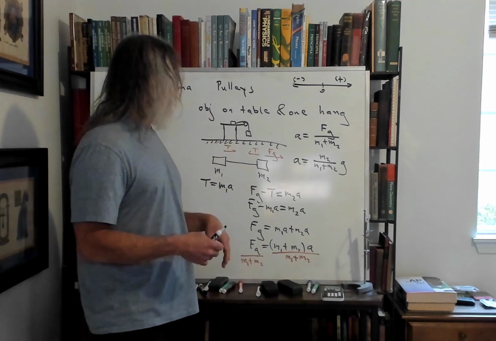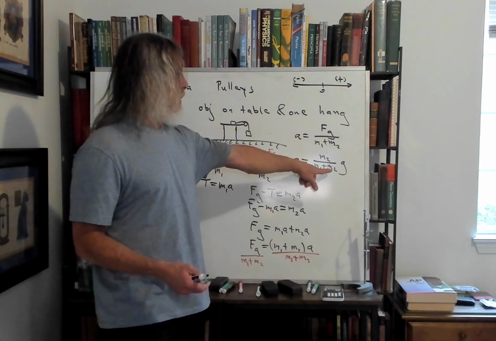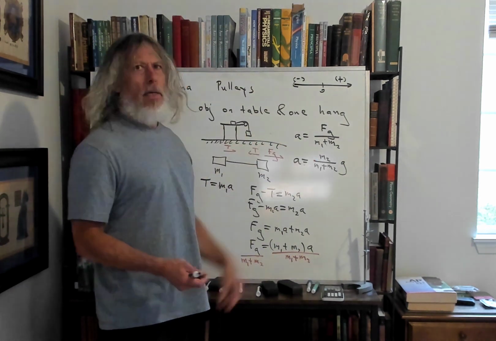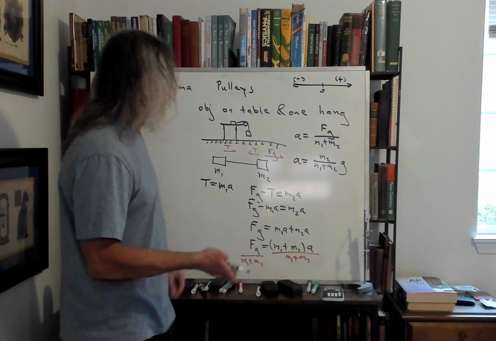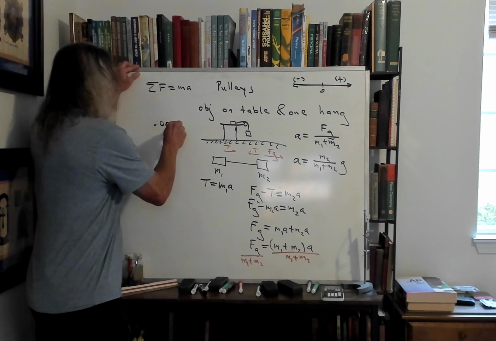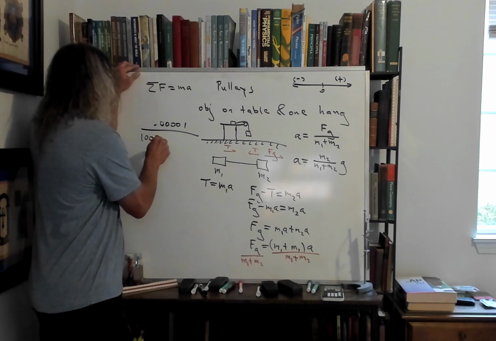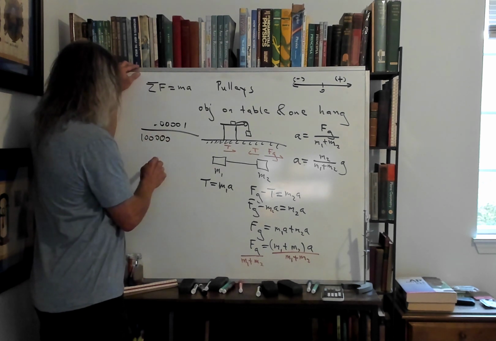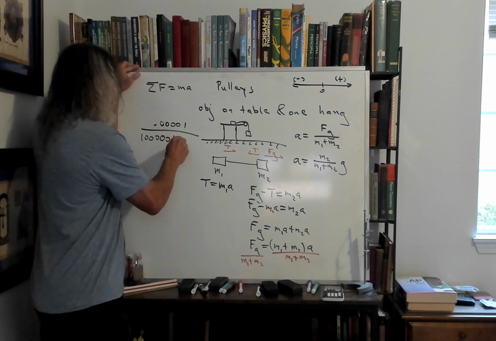Or if m1 is really big compared to m2, maybe m2 is like 0.0000001 kilograms. That's a small fraction. 0.00001 over 1. I'm going to run out of room. So stop at 100,000.